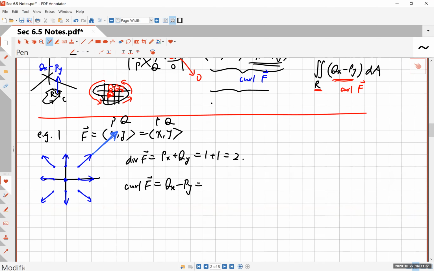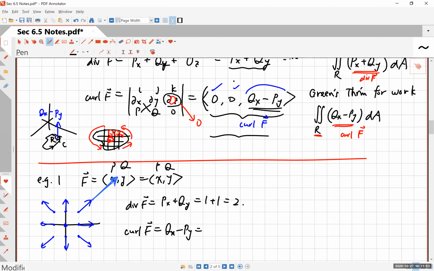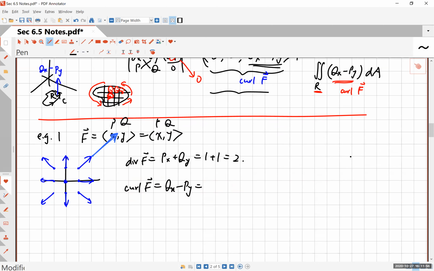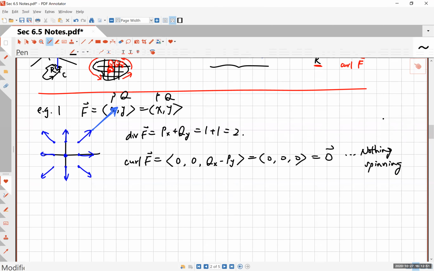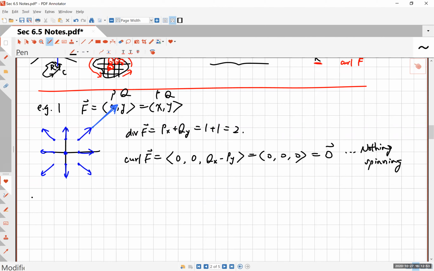So officially, technically, the curl is still a three-dimensional vector: 0, 0, and then the last one is Qx minus Py. But it's still the 0 vector, because there is nothing spinning. There is no rotation about any point in this vector field, right? So that is a good way to think about this.